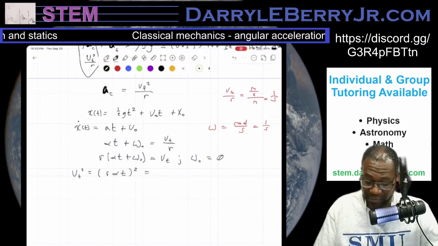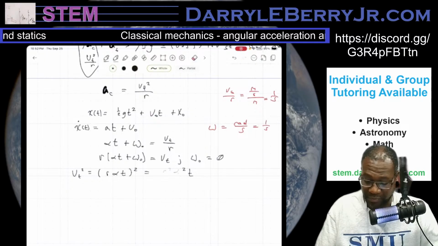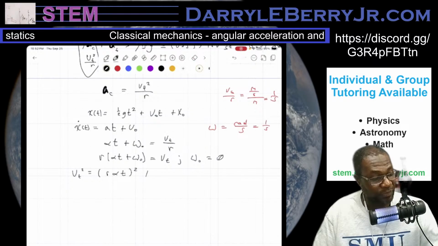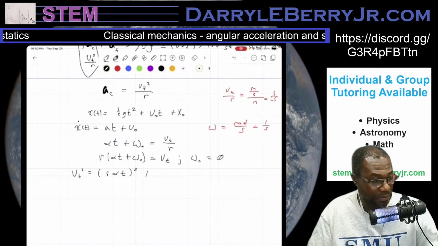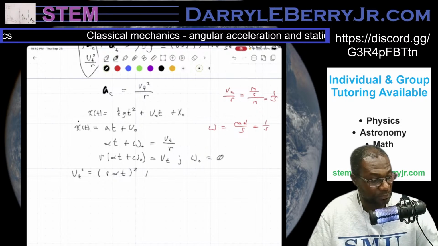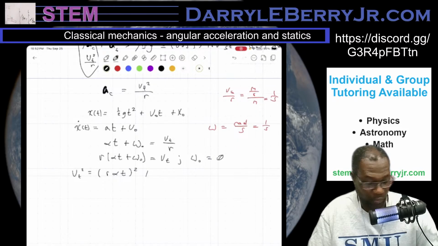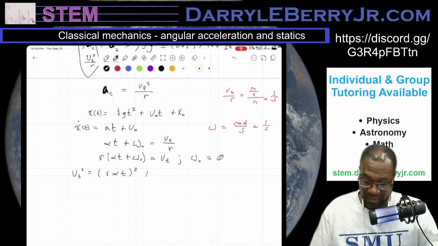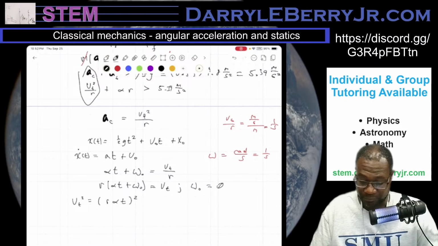So that'll end up being R squared alpha squared T squared. Well, I might as well just keep them the same and just square everything. All right, so that's good enough right there. And if I miss anything, I think I'm good. Right, that seems okay. So now we have our VT squared.